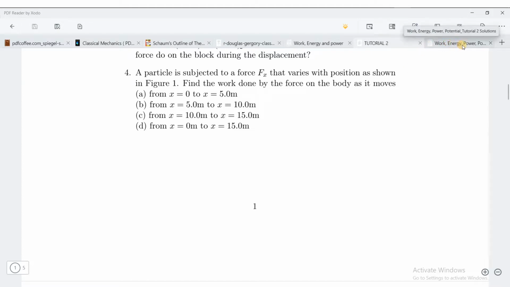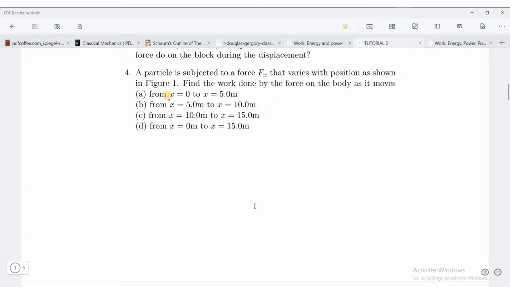For these kinds of problems, you solve them by finding the area under a curve for a given region or range. So when you look at this part A here, you have been asked to find the work from x equals 0 to x equals 5.